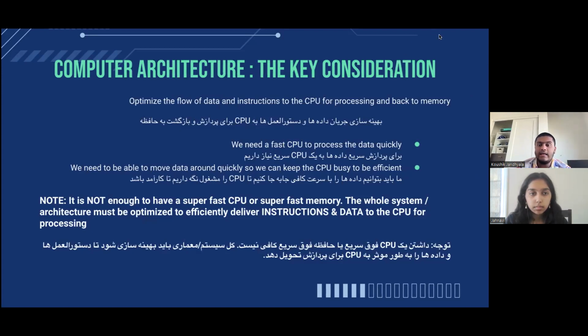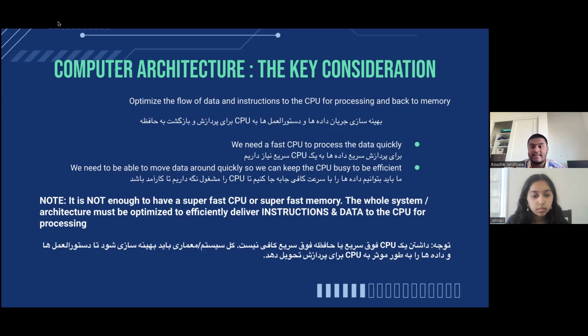A key consideration when it comes to computer architecture, and why it is such a major field, is that it's not only about building a computer. Computer architecture entails optimizing the design of a computer so that the data and the instructions can flow to the CPU easier for processing and then back to the memory.